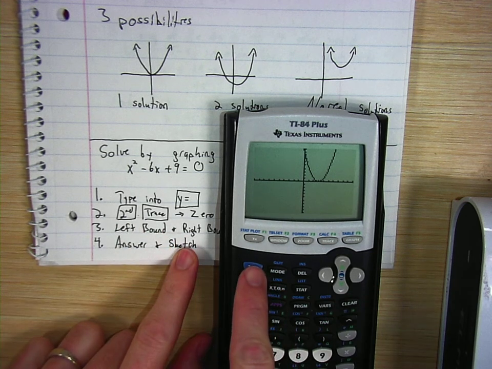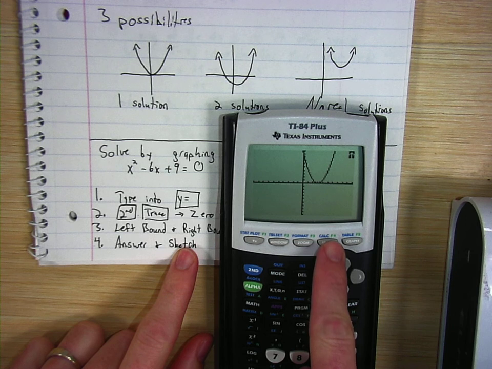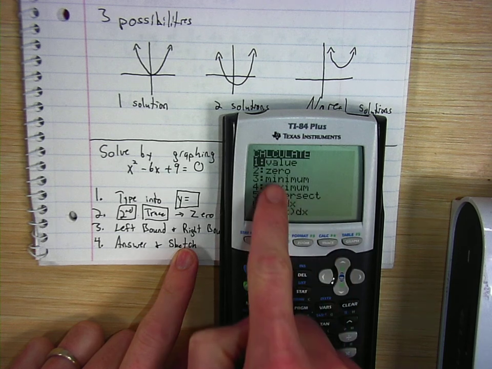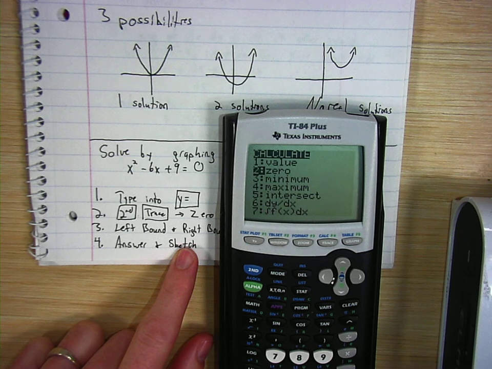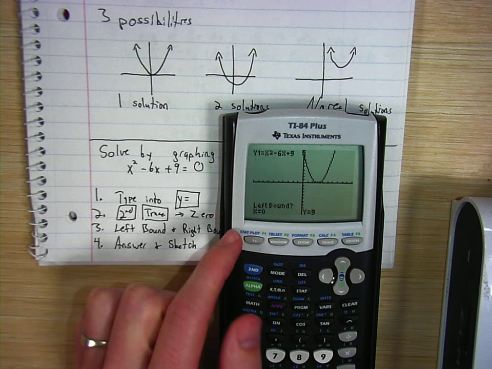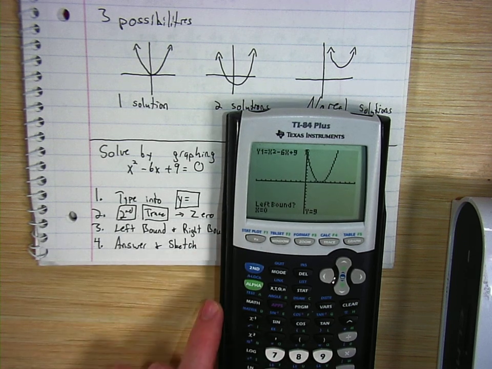So second, trace, calculate menu, we want 0. Now it's going to ask you for left bound, right bound. Left bound and right bound are just you giving the calculator a window to look through. Look for where the graph equals 0 between here and here.